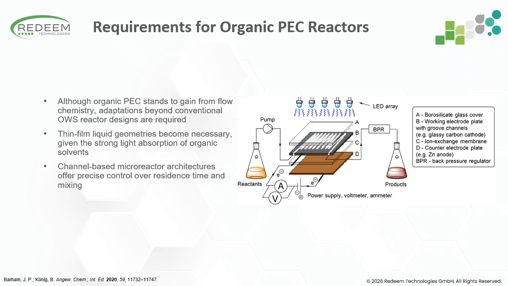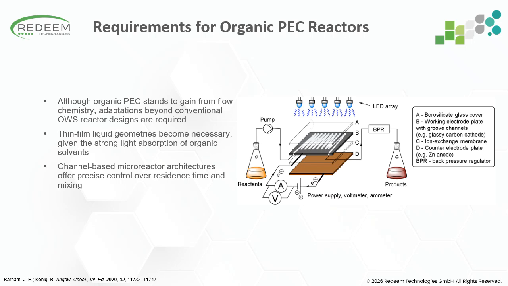At the same time, channel-based microreactor architectures provide precise control over the residence time, mass transport, and mixing, and this allows the reaction rate to be matched more closely to the rate of photo-generated charge carriers, as we discussed, reducing concentration gradients and improving the selectivity.